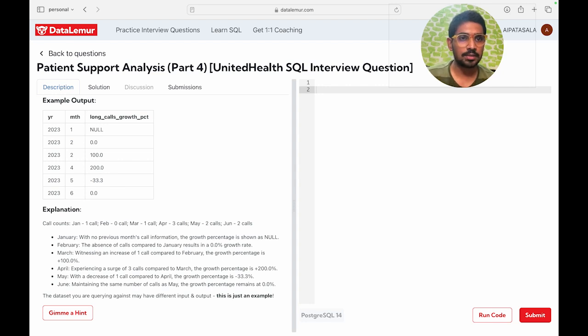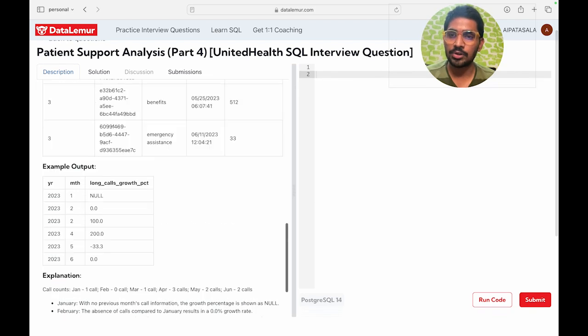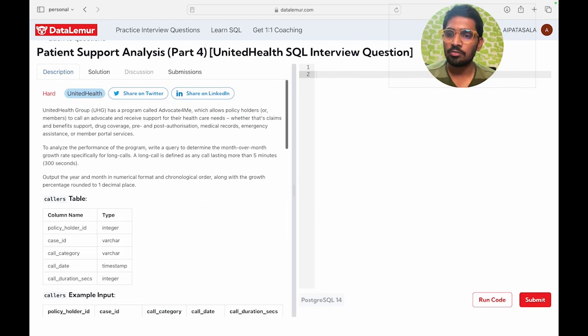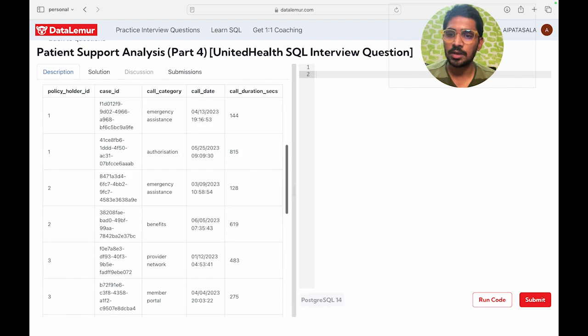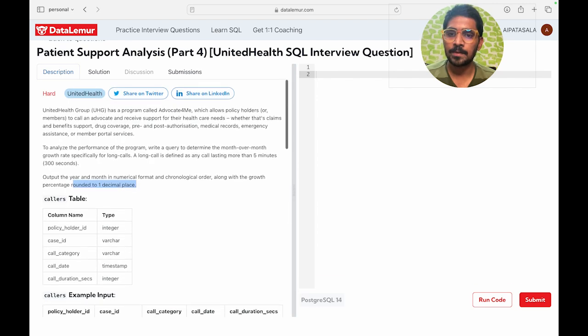So the formula is current month number of calls minus previous month number of calls, divided by previous month number of calls, which gives the growth percentage, times 100. We round it off to one decimal, right? So this is the requirement.